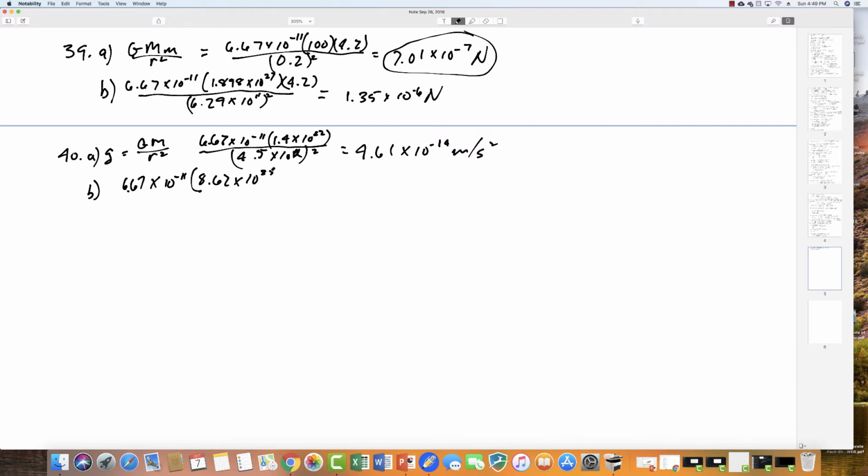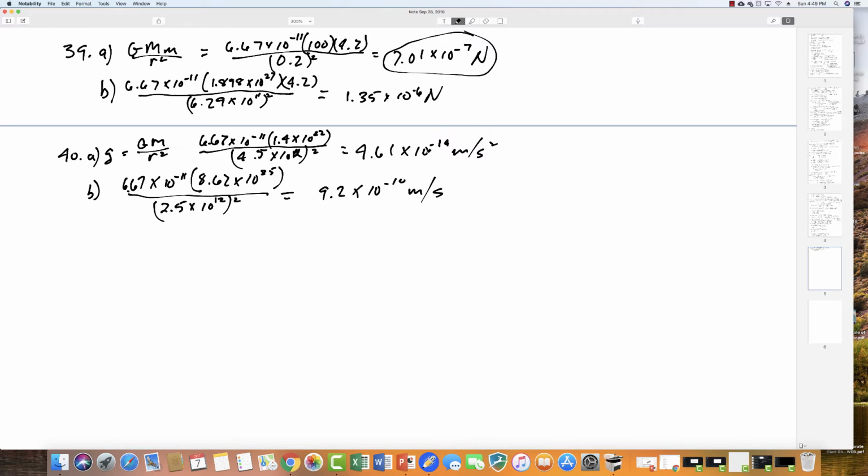Uranus is a much bigger planet than Pluto. And it's a little bit closer as well at 2.5 times 10 to the 12th meters, which is squared. If you do that calculation, you get 9.2 times 10 to the minus 10 meters per second squared.